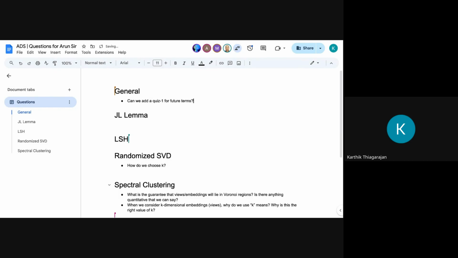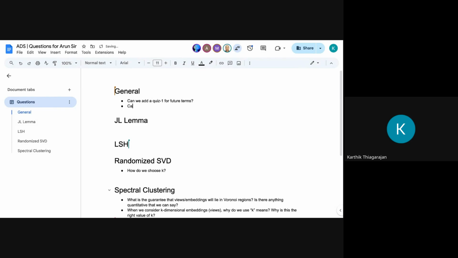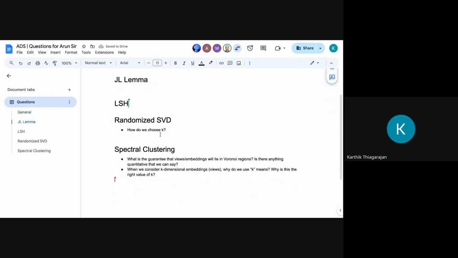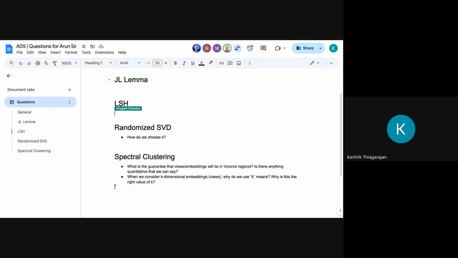And can we have one more programming assignment or some other extra activity? This one I can ask the prof. Others, please note down whatever questions you have, and I can share this with him, and he can then get back.